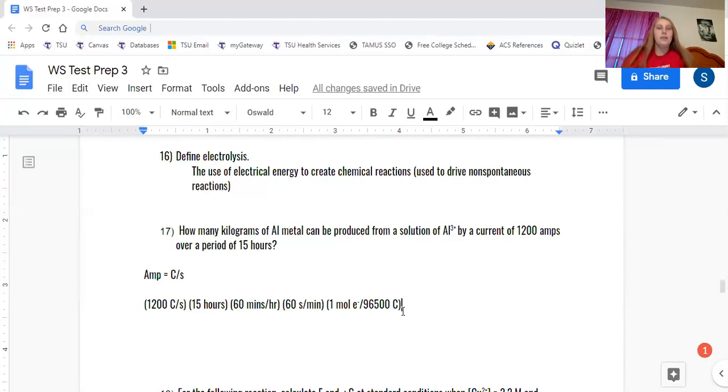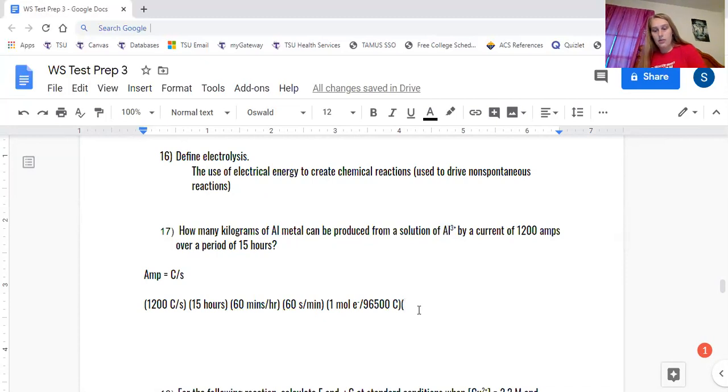Now we're at moles of e minus, and we're trying to get to kilograms of aluminum. Aluminum metal is going into Al3+, so that means we're having 1 mole of aluminum produced for every 3 moles of electrons.